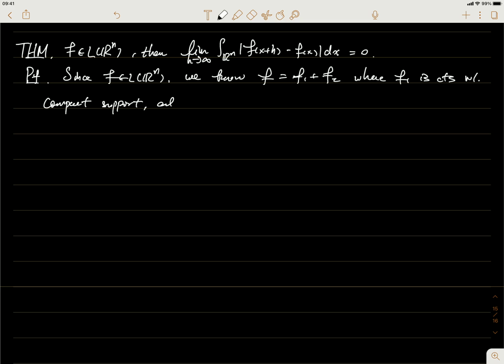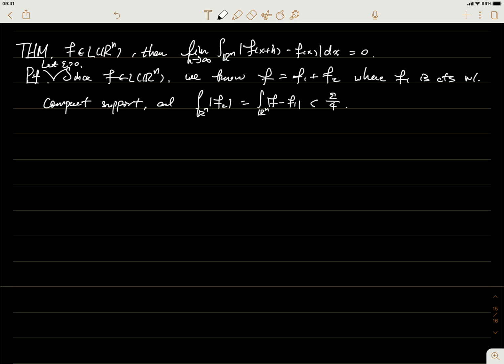So I'm going to let epsilon be arbitrary, and say I want the integral of f2, the difference of f and f1, to be less than epsilon over 4.